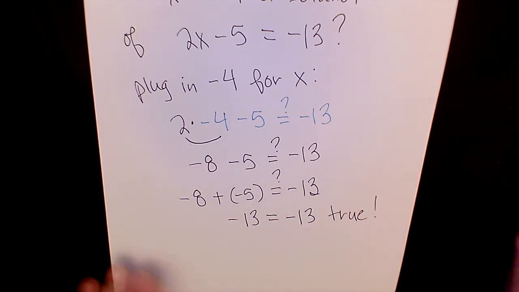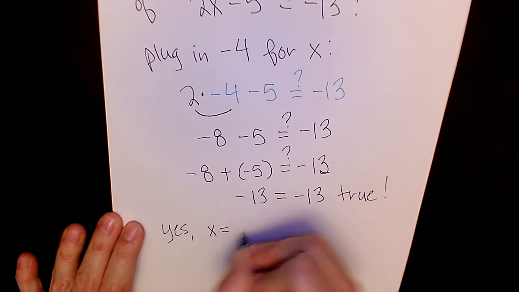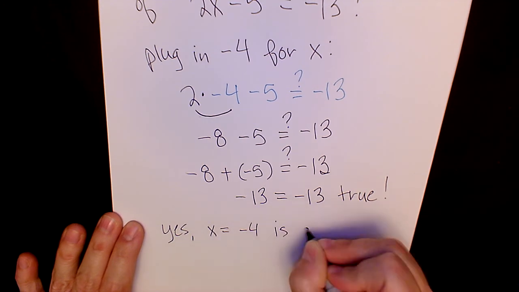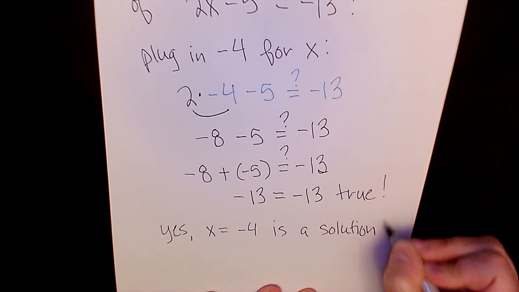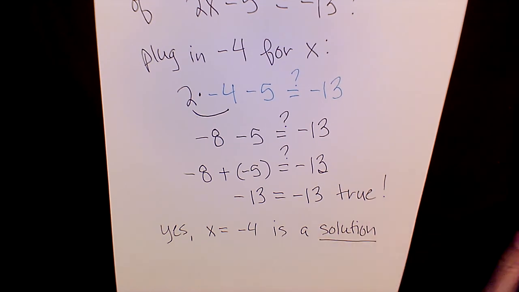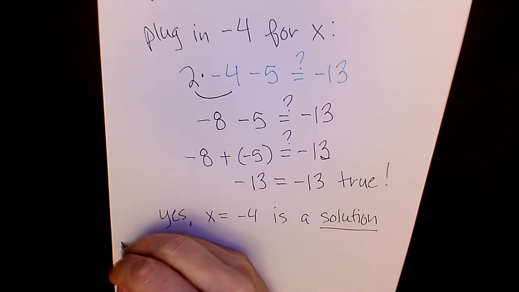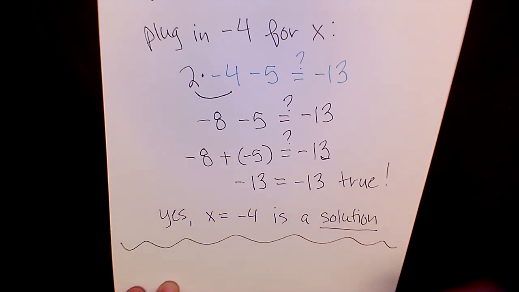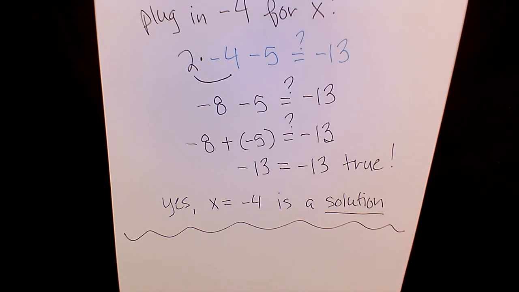It comes out equal on both sides, so we can say yes, x equals -4 is a solution, because it made my equation true. I hope that makes sense, because there's, I think, a few homework problems on that. And if that still doesn't make sense, let me know, and I'll do some more for you.